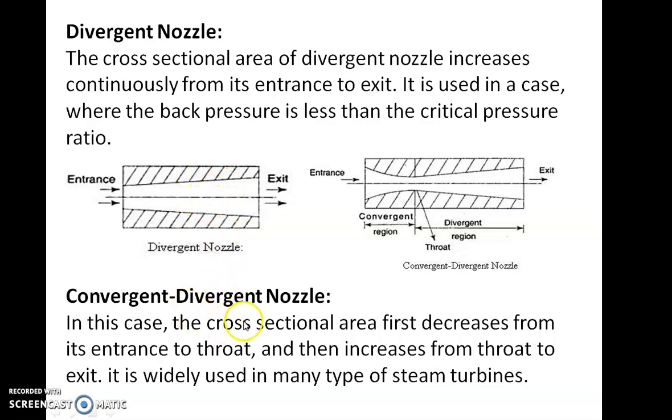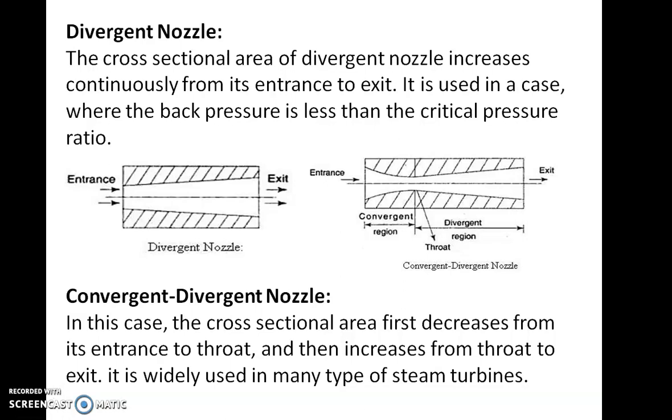Then the convergent divergent nozzle. A convergent divergent nozzle is nothing but a combination of both convergent as well as divergent regions, and in between there is a throat. Suppose there is a long range of pressure, meaning you are taking steam at a very high pressure, say 100 bar or 200 bar, and decreasing it up to 2 bar or 3 bar.